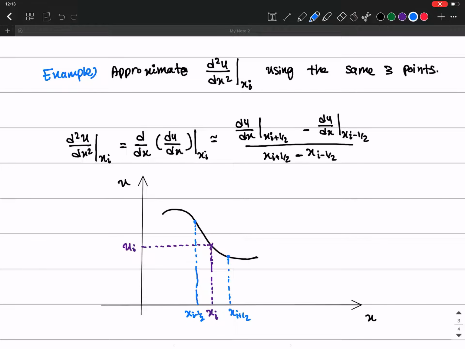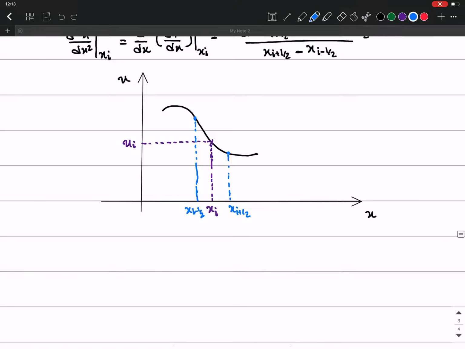So in order to find the second derivative at xi, I am using the first derivative at xi plus 1/2 and xi minus 1/2. Let's see how we can write those down again.